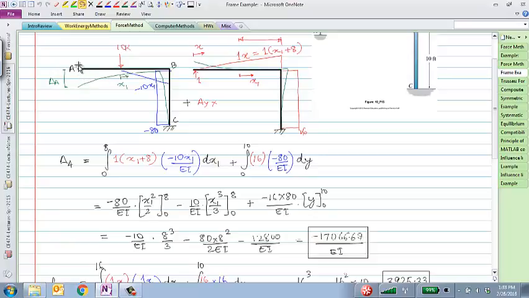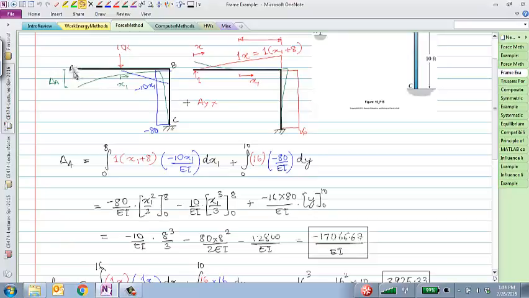And the actual displacement comes out to be positive if it comes out to be in the same direction as the P prime or the unit load applied. But note here that I'm applying the unit load upward. So delta A came out to be negative 170 as it should. Okay, but that does not mean that this end went up.